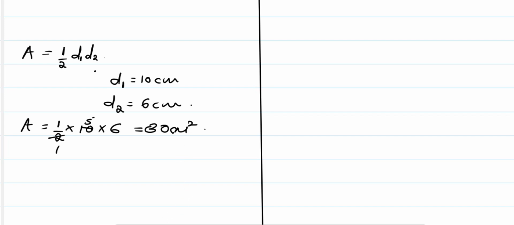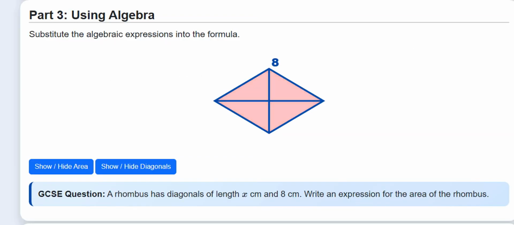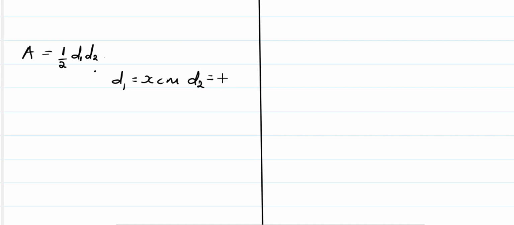So here, of course we know the area of a rhombus is half d1 d2, but in our case d1 is given as x centimeters, then d2 is given as 8 centimeters. Then you are told to write an expression which will be the area of that rhombus.